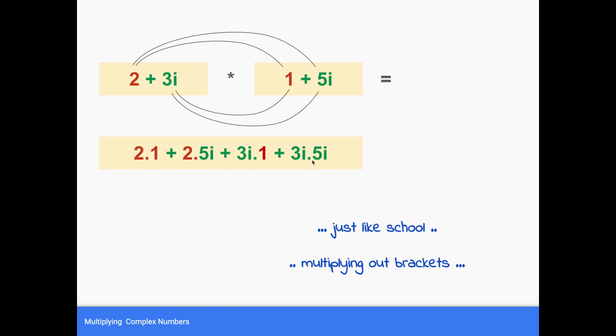Now, we could stop there and give up and go home. But actually what we've stumbled upon is just the one magic rule of working with complex numbers. So the important point I want to get across is working with complex numbers is just like doing normal algebra that we've just been sketching out, with the one additional rule about i squared.